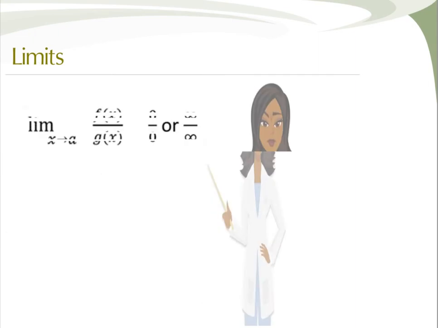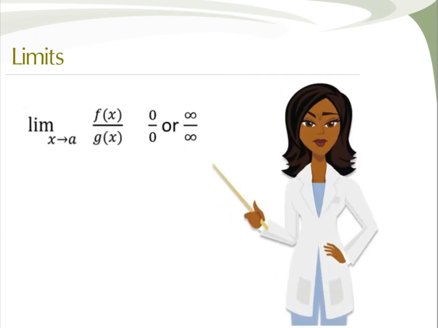Remember, in the chapter on limits, we had some limitations with the tools that we used back then in Chapter 2. For example, sometimes you might face a question asking you to evaluate the limit as x approaches a of f of x divided by g of x. But you notice that this limit has the indeterminate form 0 over 0 or infinity over infinity.